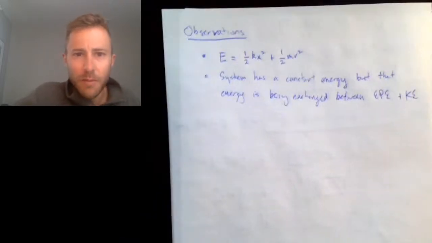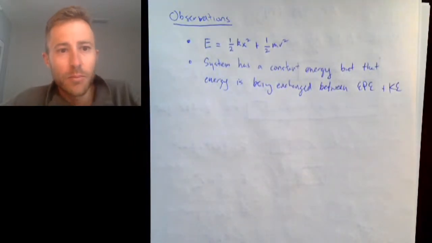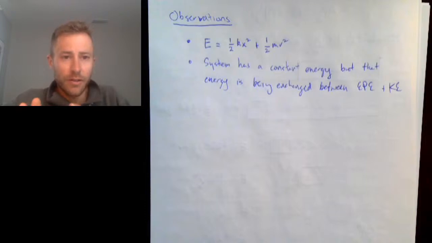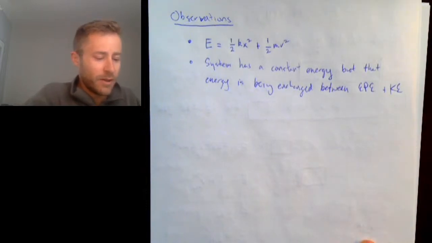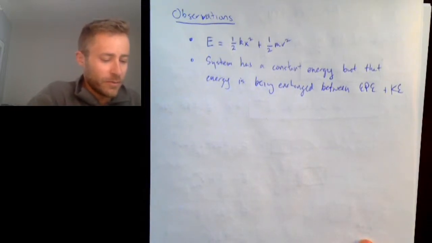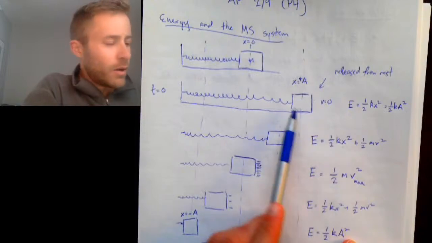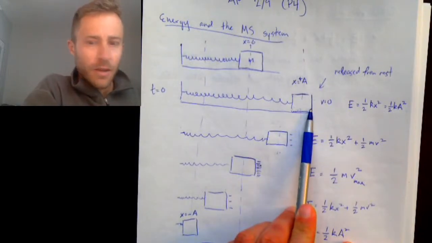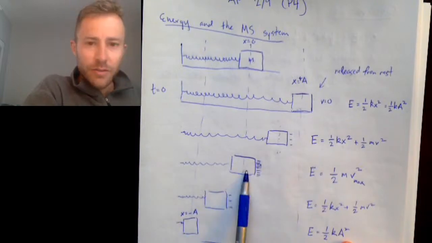So what that means, simple harmonic motion is an exchange between elastic potential energy, or potential energy in general, and kinetic energy. So basically we have all potential energy, some potential and some kinetic, all kinetic energy.